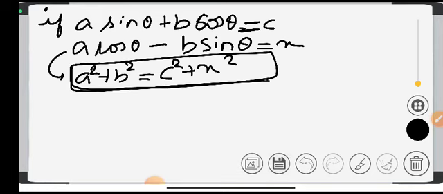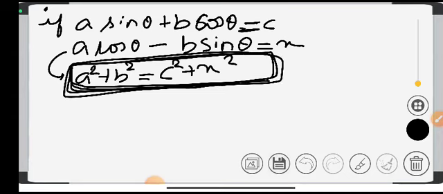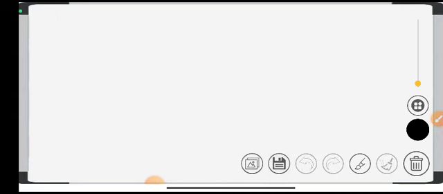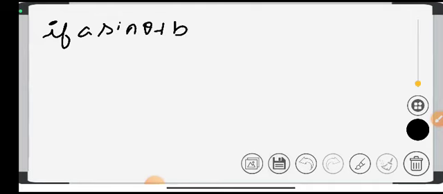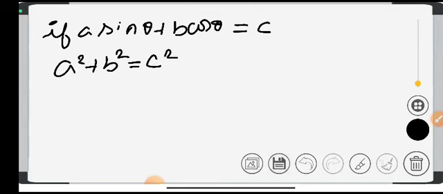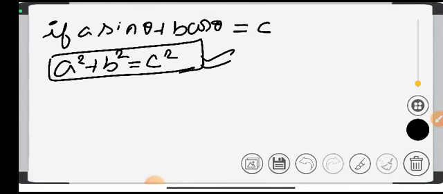Because by writing again and again, or explaining again and again, you can remember it better. So if you write a sin theta plus b cos theta is equal to c, and if you found this, that is a square plus b square is equal to c square, Pythagoras theorem will be applied here, so you will be able to do, that is divide c.